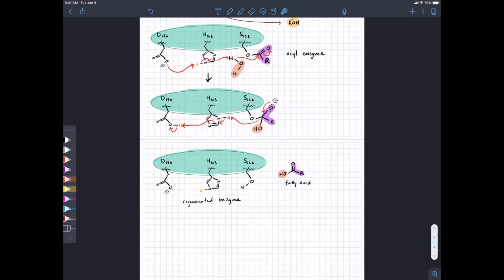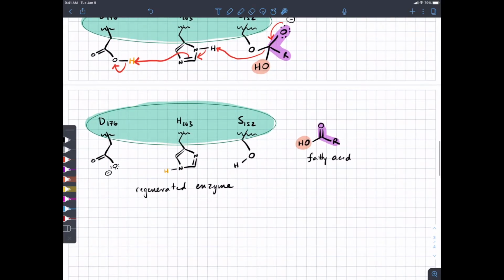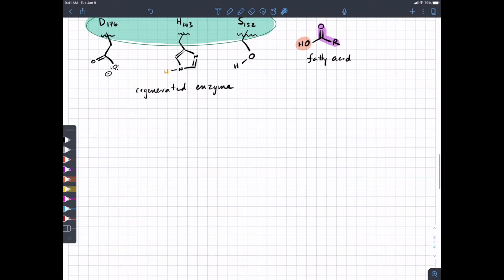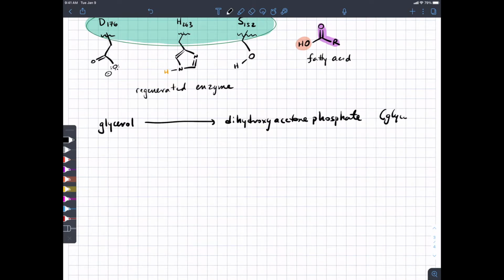Okay, so that liberates our fatty acid and glycerol. So let's show you what happens to glycerol. Glycerol is going to be converted to something called dihydroxyacetone phosphate, which is an intermediate in glycolysis.